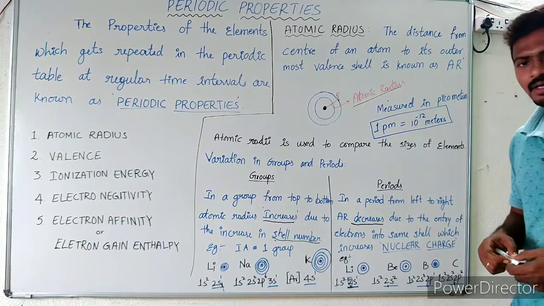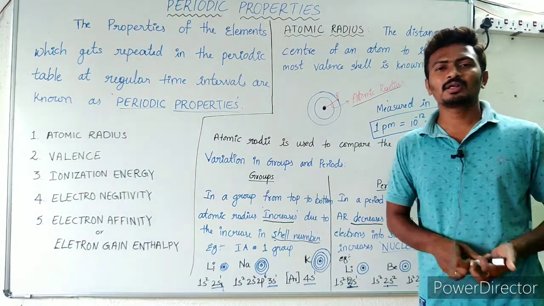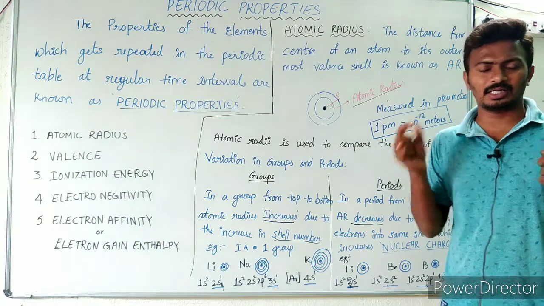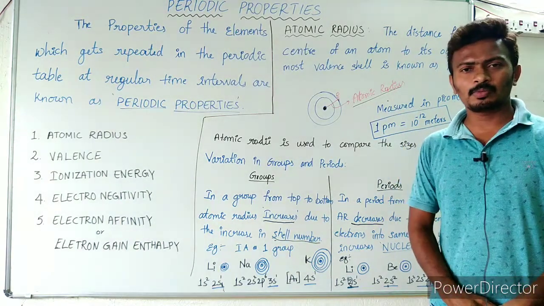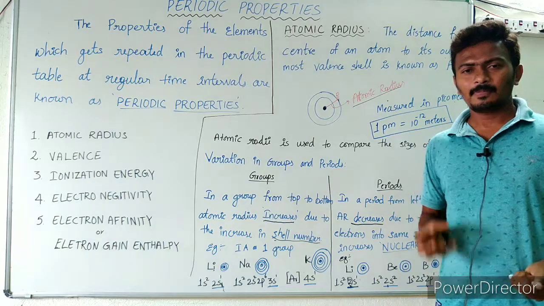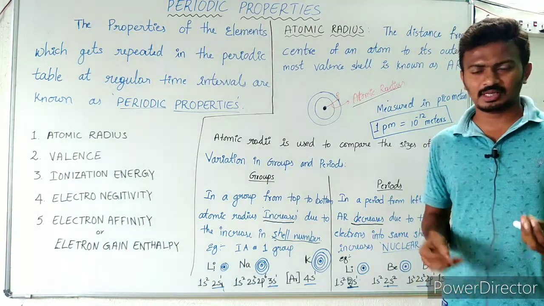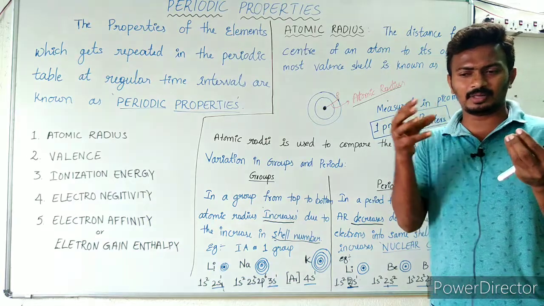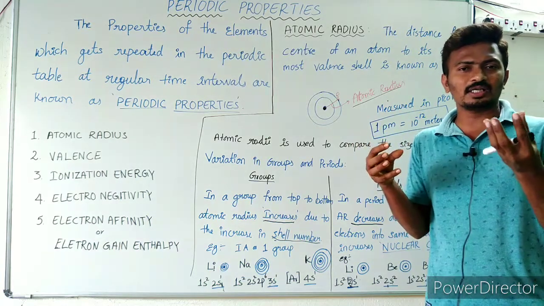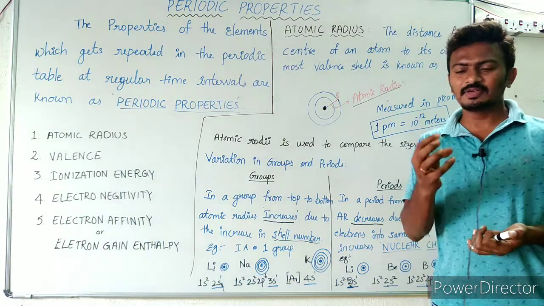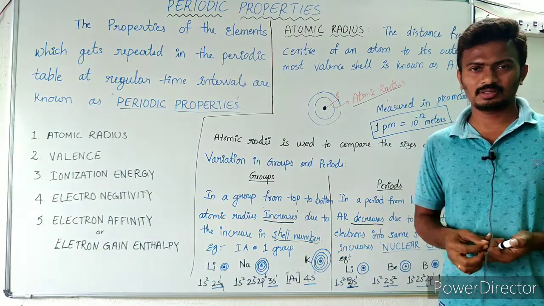So in a period, the elements have their outermost valence electrons in the same shell. What happens with this? The nuclear charge increases. Automatically, as the atomic number is increasing, the number of protons also increases, which increases the charge of the nucleus.